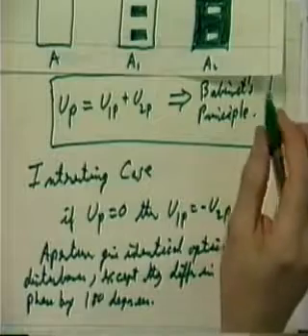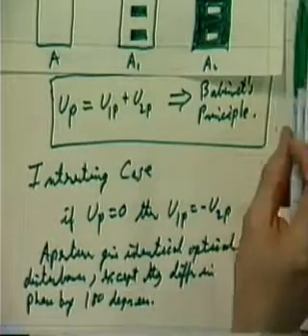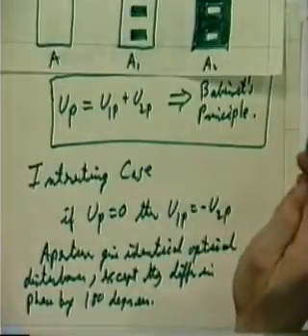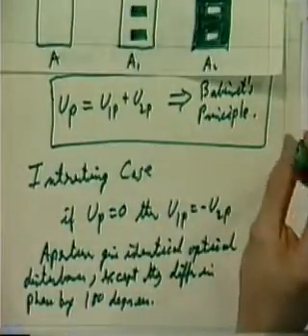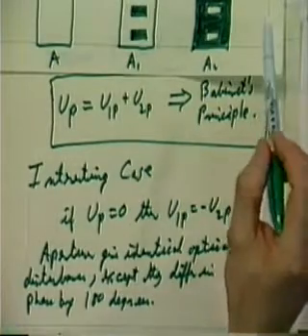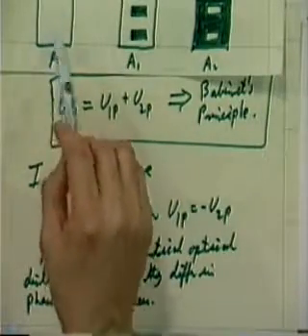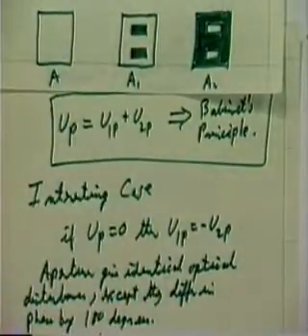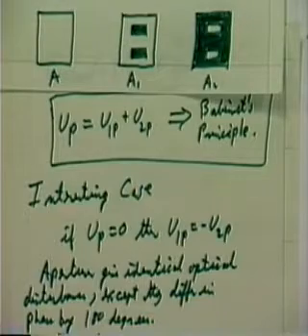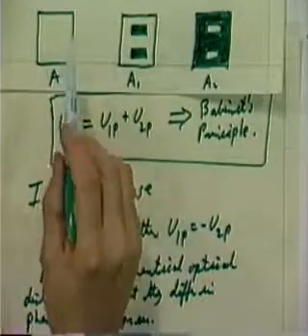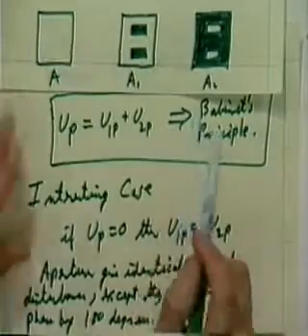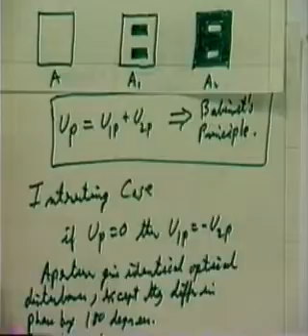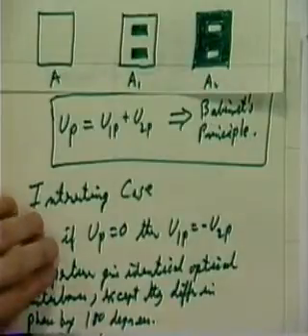Question: some energy is going through aperture A1 and some energy going through aperture A2, and you measure nothing at aperture A, where does the energy go? I'm not sure of the question. If I measure light going through A here, and I go to a single point, and you don't have any light there. The case where u sub p equals 0. Okay, I'm saying that for this interesting case, there's some location in space where the amplitude is 0.